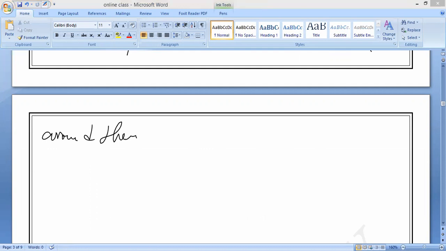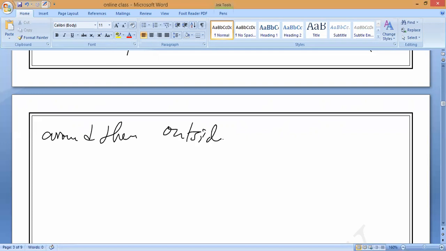What is around them? Outside the cell membrane or inside the cell membrane? Outside the cell membrane. That is what you have to remember and write. Plant cells have a thick cell wall around them, outside the cell membrane. Okay, all of you?